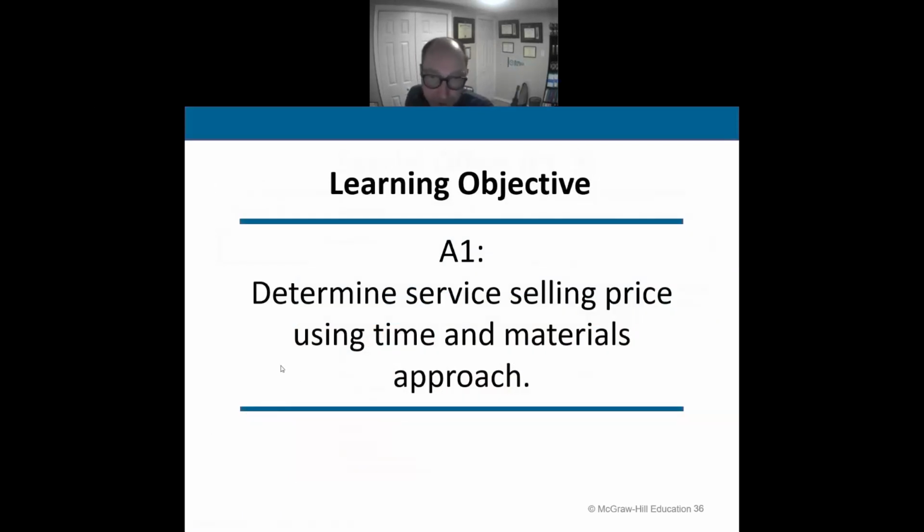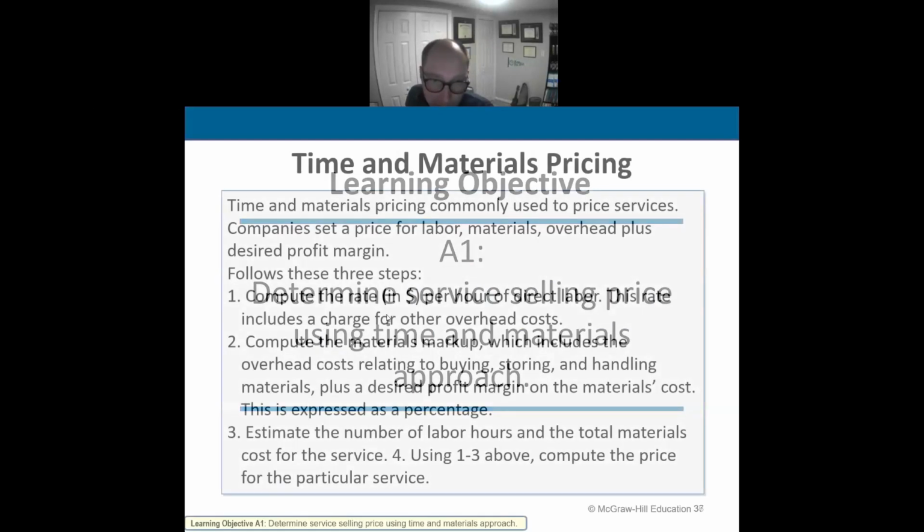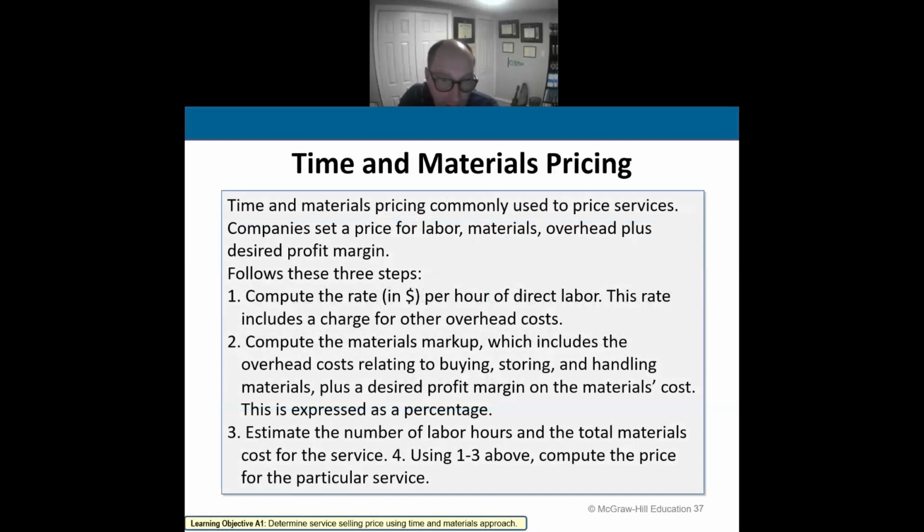What about service businesses? Service businesses work very similarly. With a service business, of course, it's based off of labor, materials, overhead, plus the desired profit margin. They compute the rate in terms of hours of direct labor for overhead.